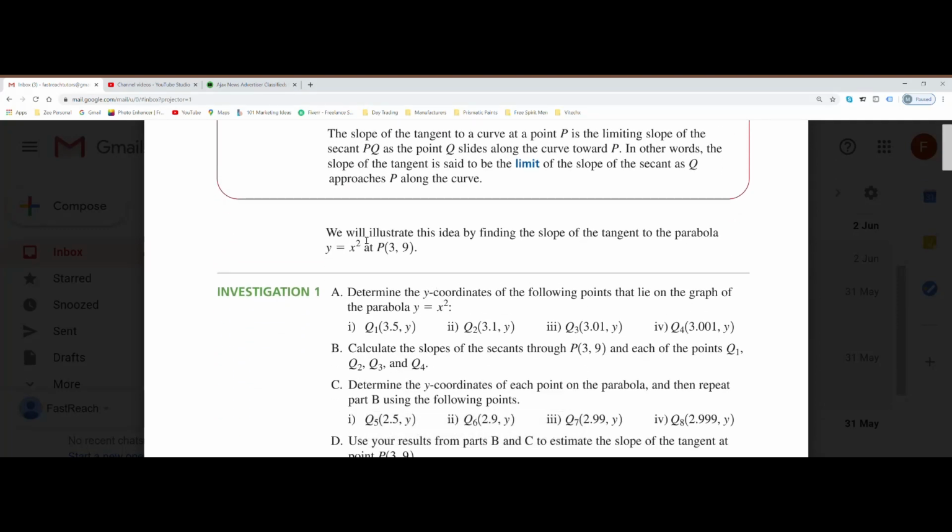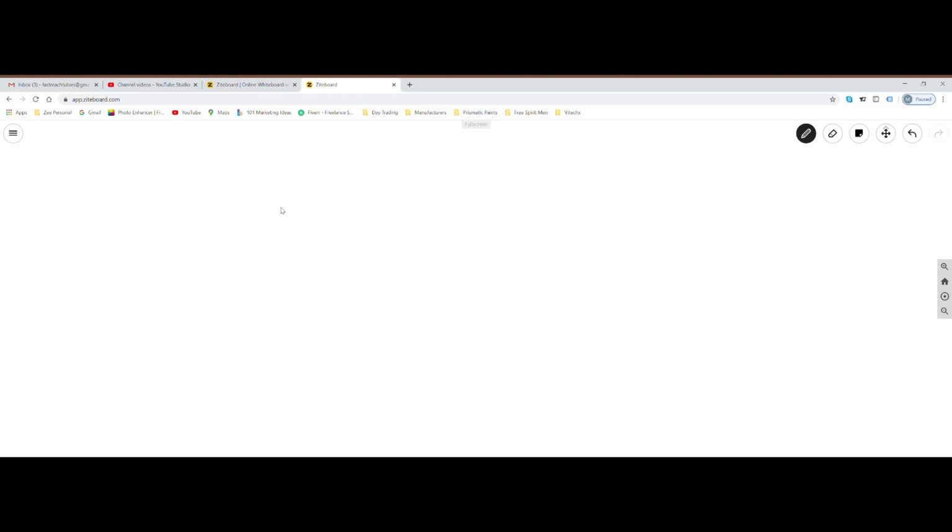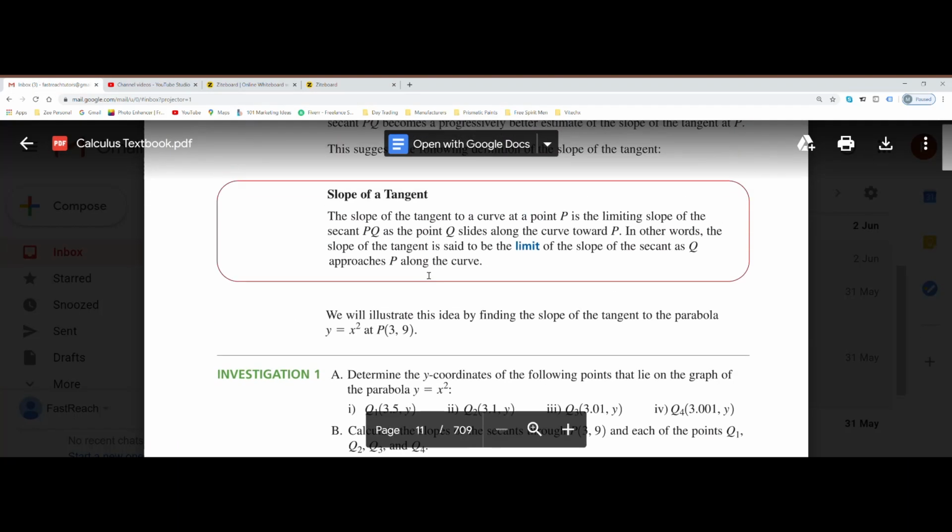For instance, here, we will illustrate this idea by finding the slope of the tangent to the parabola y equals x squared at the point (3, 9).